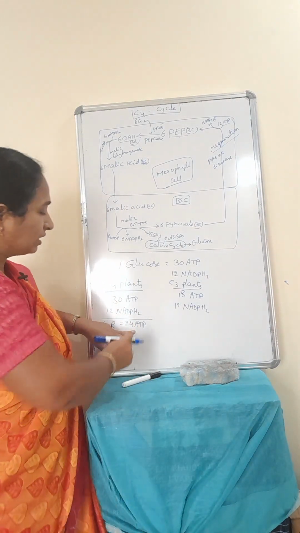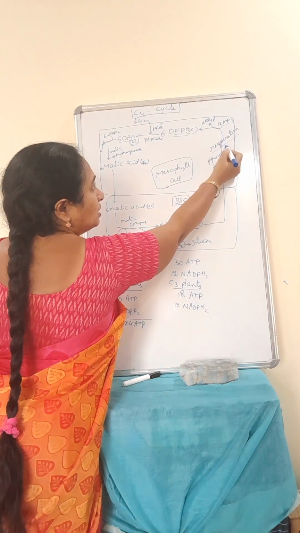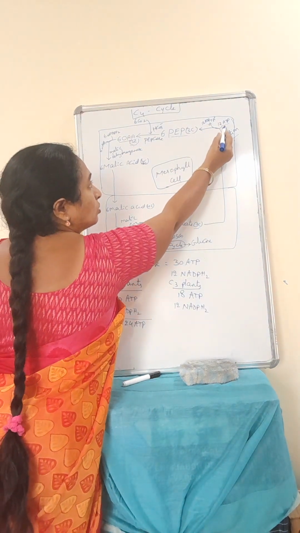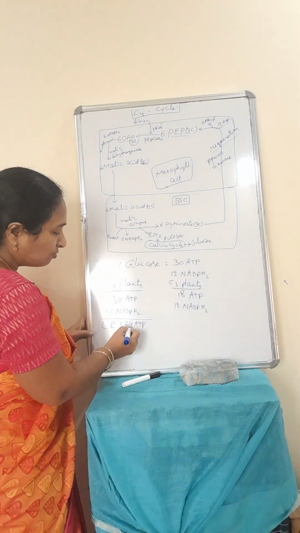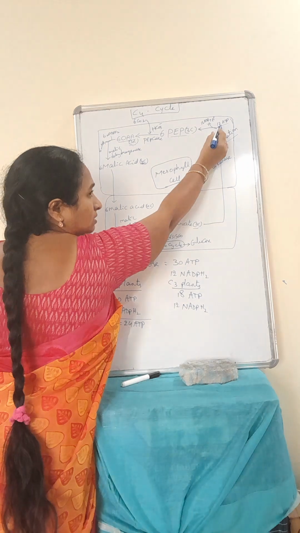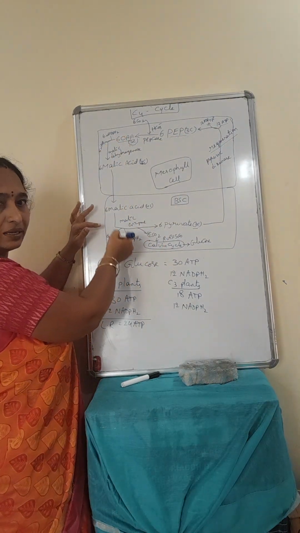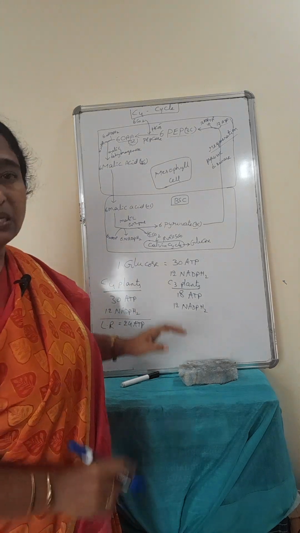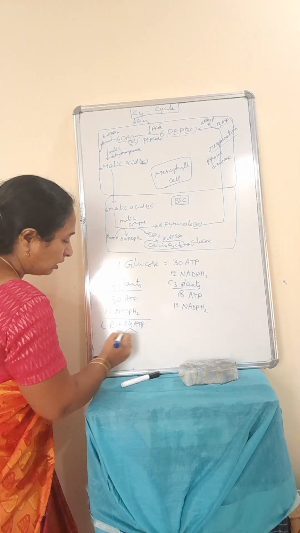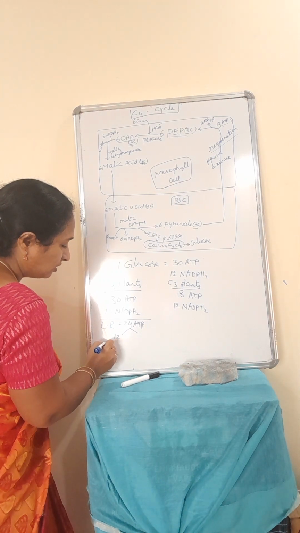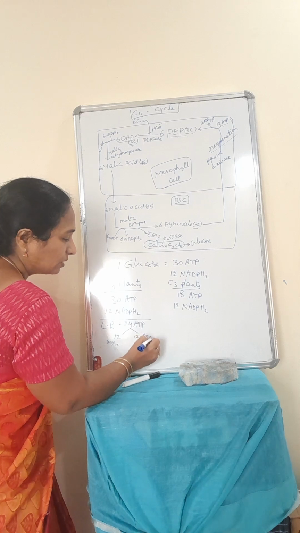Out of these 24 ATP molecules, 12 ATPs are utilized for the regeneration of phosphoenol pyruvate, and the remaining 12 enter the bundle sheath cells for glucose synthesis.